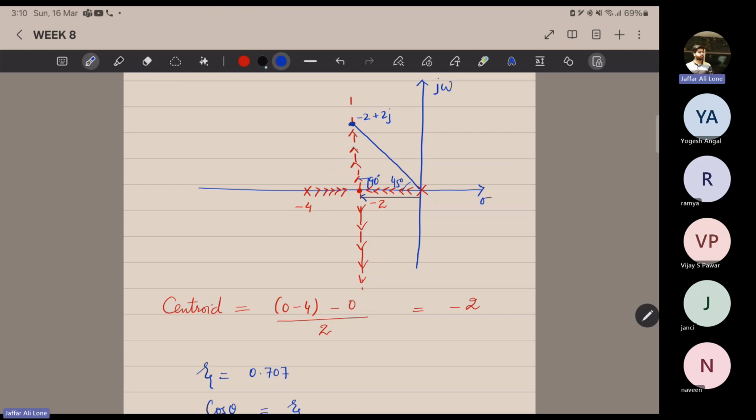So how should we find the value of k? For example, we have two poles here, one at -4 and the other at 0. So we take these distances and this distance.